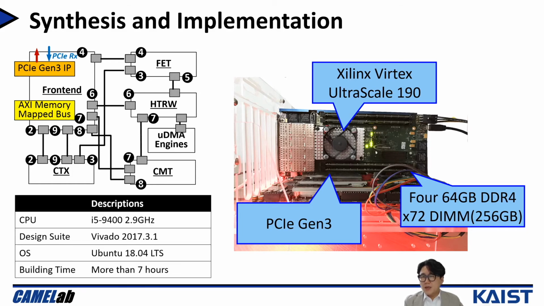Using a 2.9 GHz Intel i5, the build time for OpenExpress per each optimization phase takes more than 7 hours. Even though it looks way longer than software build time, that's in a reasonable range for FPGA synthesis and implementation.